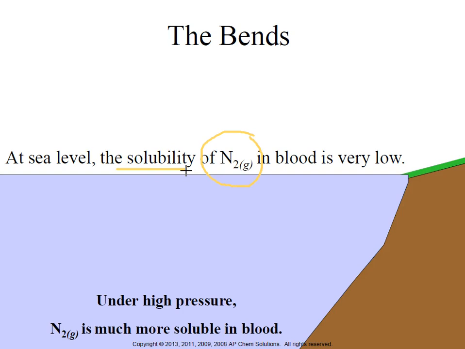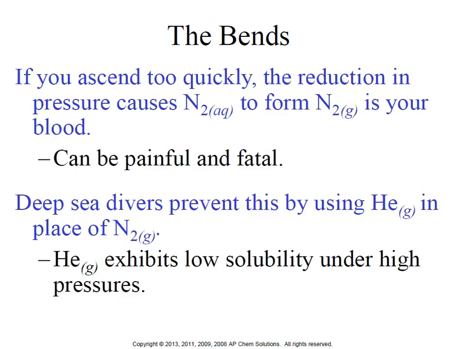However, as you go down under the sea or wherever you may be scuba diving, under high pressure, that nitrogen gas is much more soluble in your blood, so it becomes aqueous nitrogen in your blood. When you then come back up, that nitrogen that may be dissolved in your blood at that high pressure forms nitrogen gas in your blood.